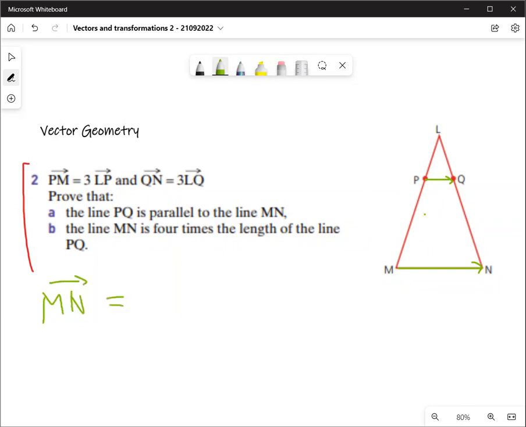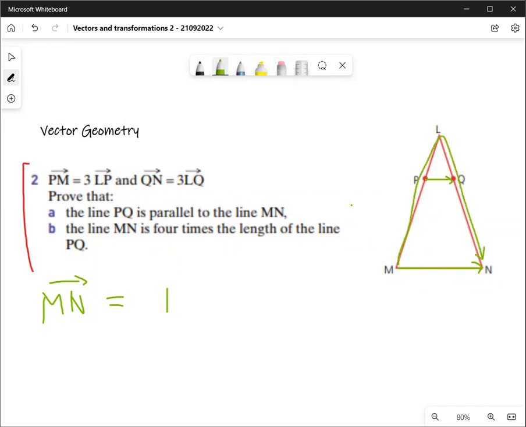Now I know what PM is, and I know what QN is. MN is going to be the same as LP. Okay, so this is how we go from M to N. We start here, we go top, and then go downwards.